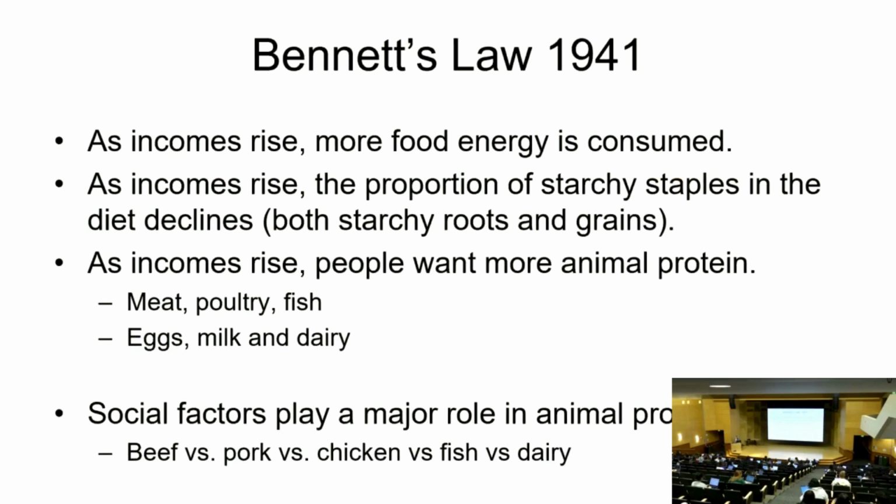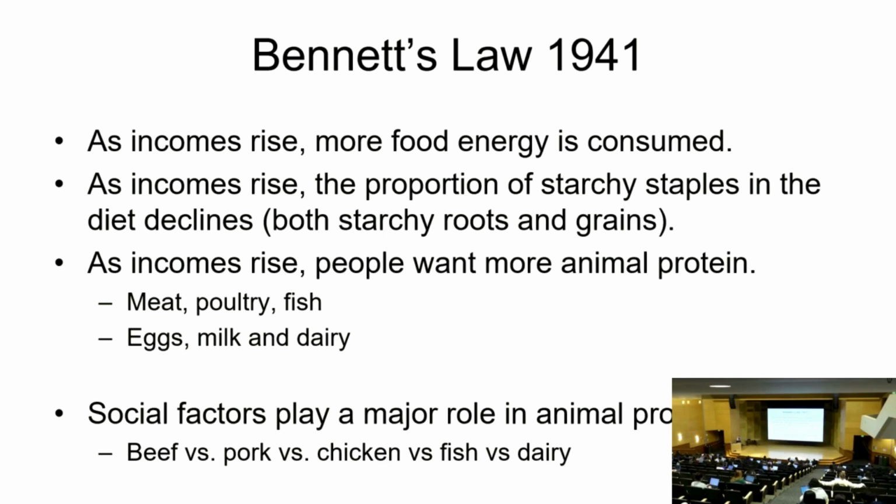So the point I was trying to come to was this. There's a law of economics published in 1941, which says essentially this. As incomes rise in countries and sometimes within countries, people have more money and they eat better diets.